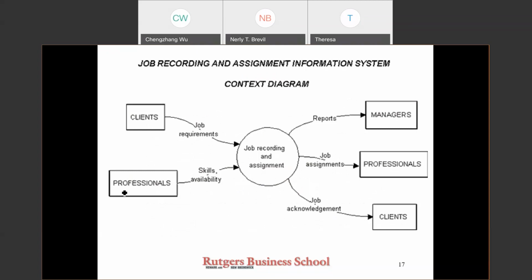The context diagram are intended to be used by higher level managers, such as controllers or the CIO, Chief Information Officer.